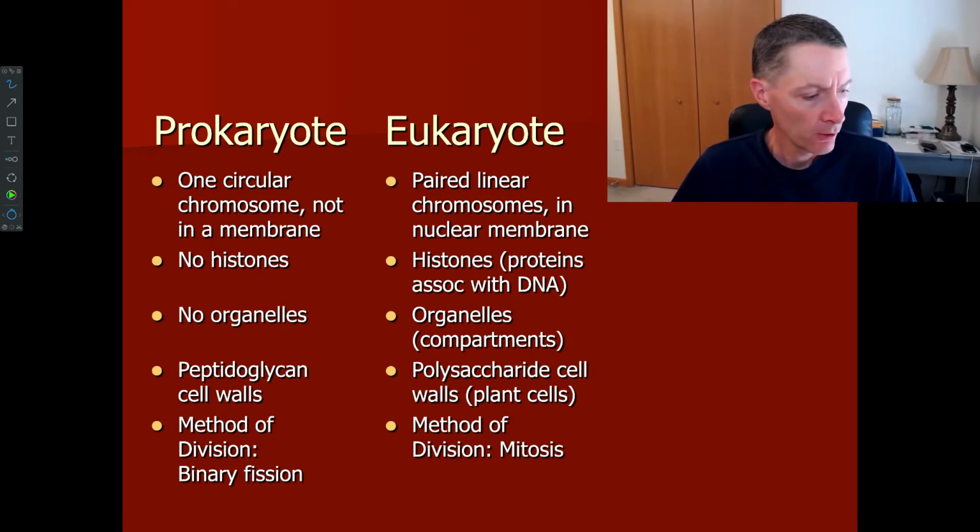We are continuing in Chapter 3 right now. What we've been doing up to this point is looking at the subcellular structures within prokaryotes. This is all Chapter 3 stuff.